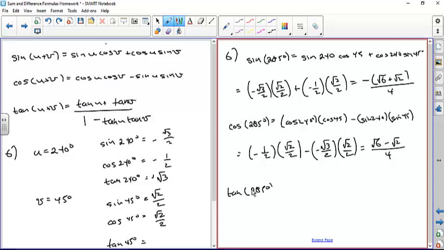And then the tangent of 285 degrees, using this formula, is tangent of 240 plus tangent of 45, all divided by 1 minus the tangent of 240 times the tangent of 45.